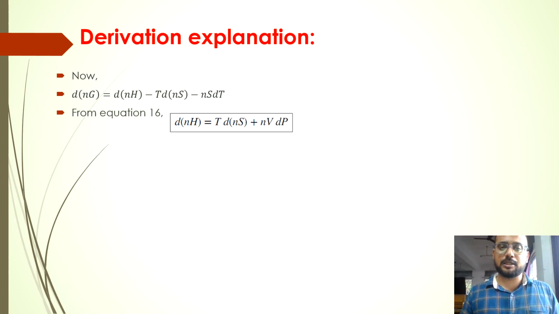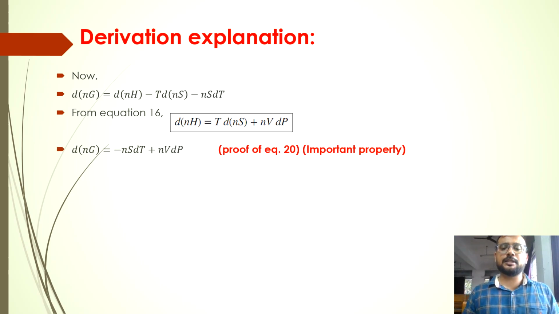From equation number 16, we have d(nH) equals T d(nS) plus nV dP. So d(nH) minus T d(nS) gives you nV dP. So in the replacement of d(nH) minus T d(nS), we can write plus nV dP. So minus nS dT plus nV dP, proof of equation number 20, which is another important fundamental property relation.